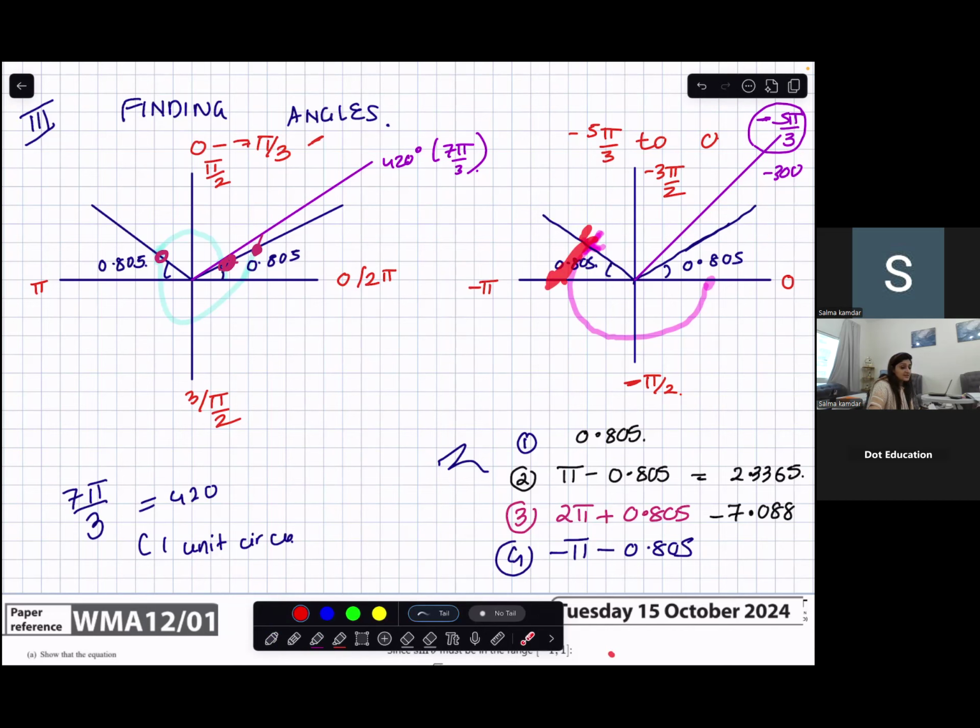But this is anti-clockwise, right? So it's minus pi, and you have to add this. So you'll do minus pi minus 0.805. So your next angle is minus pi minus 0.805, which is going to make it minus 3.9465. I hope you're with me.